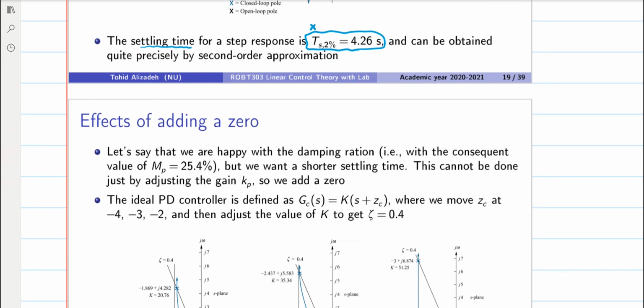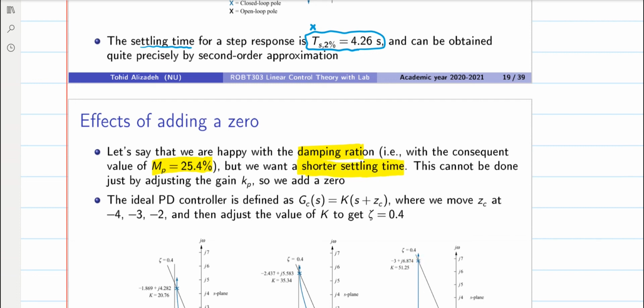Now we will see how addition of a 0 will change the situation. So let's say that we are happy with the damping ratio zeta, which will give us the overshoot of 25.4%, but we want to have a shorter settling time.